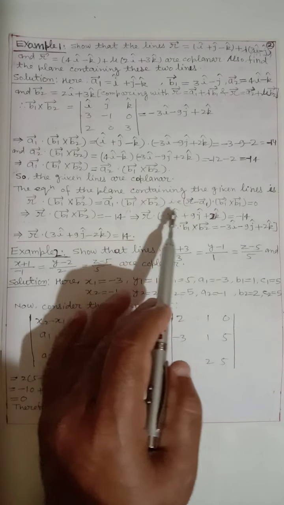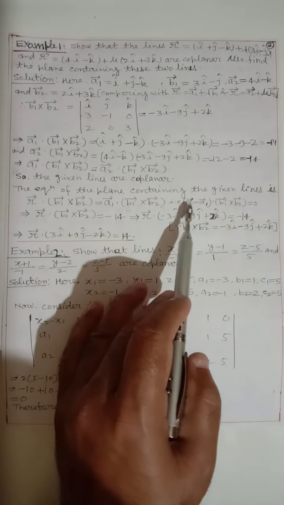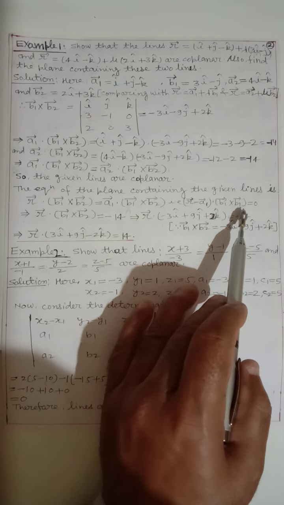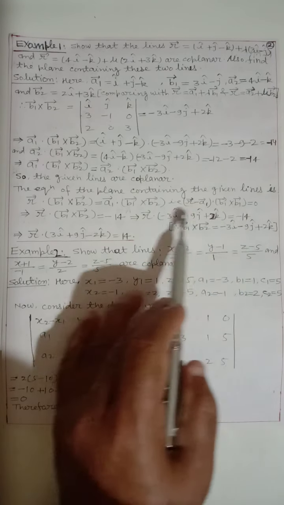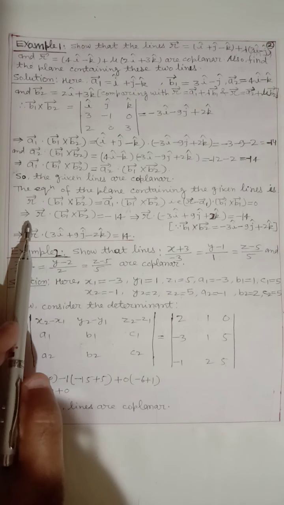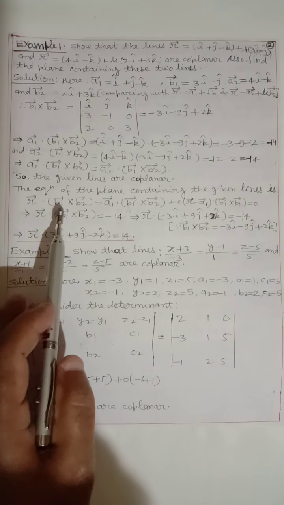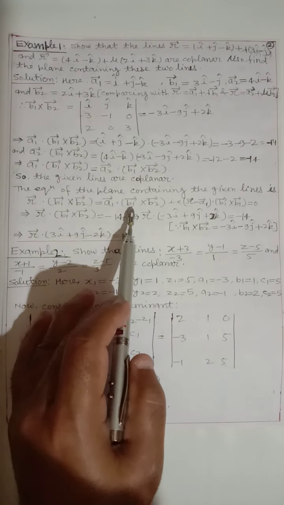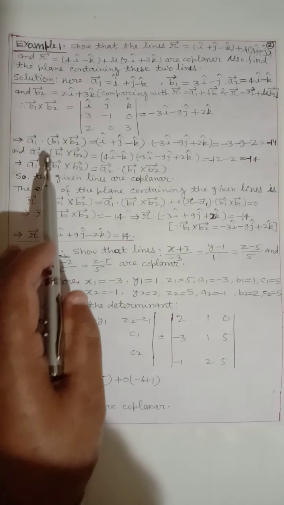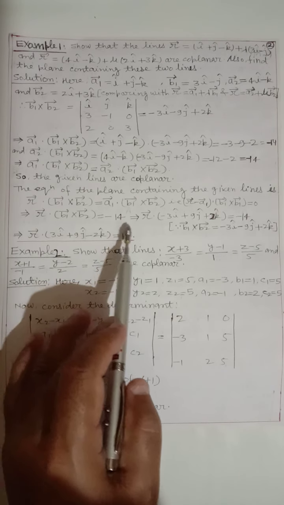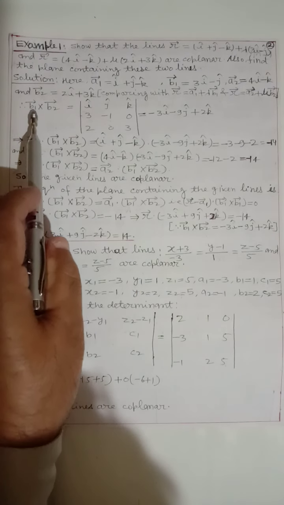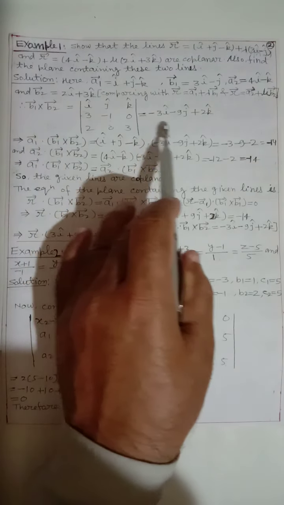That is, this can be written as vector r minus vector a1 dot vector b1 cross vector b2 equals 0. This implies that vector r dot vector b1 cross vector b2 equals vector a1 dot vector b1 cross vector b2, and the value of this here we get is minus 14.